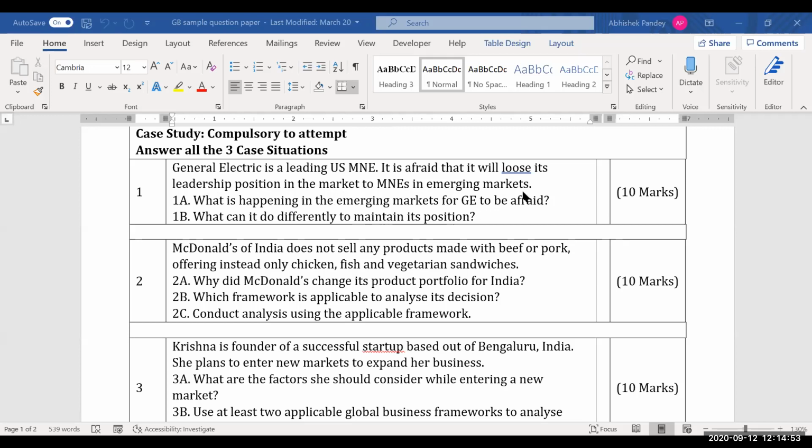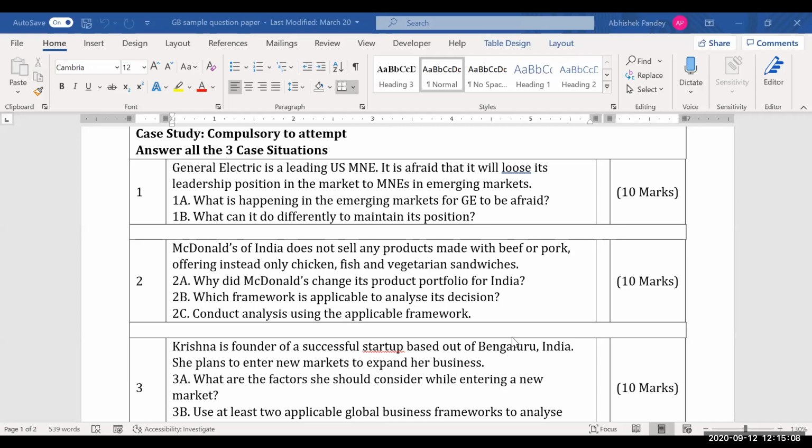So what have we studied in global business which helps explain emerging markets? What are the factors that make the market attractive?